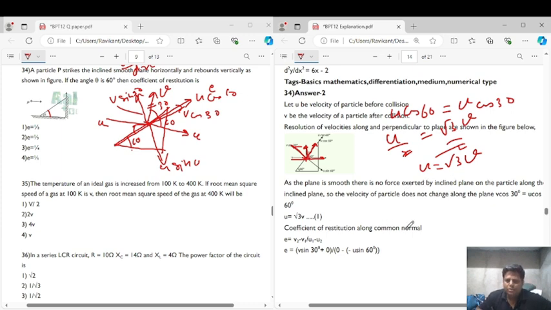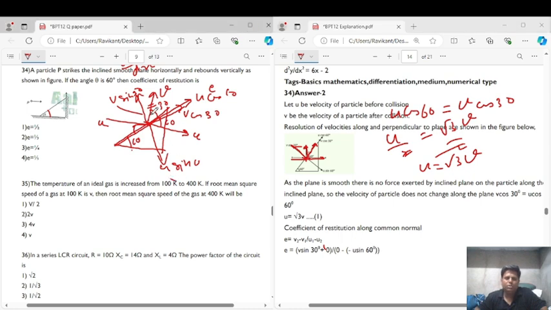Now the coefficient of restitution is taken along the common normal. Along the normal of the plane, we have E equal to v2 minus v1 upon u1 minus u2. So v2, the final velocity, is v sin 30, right? Initially there was no velocity in the vertical direction, so v1 is equal to 0. And u2 is equal to minus u sin 60. Why minus?